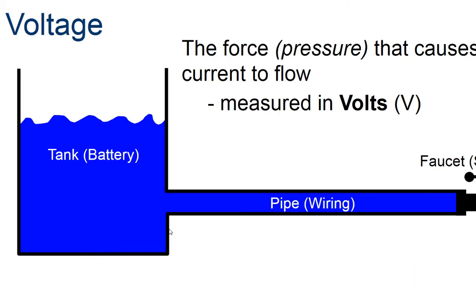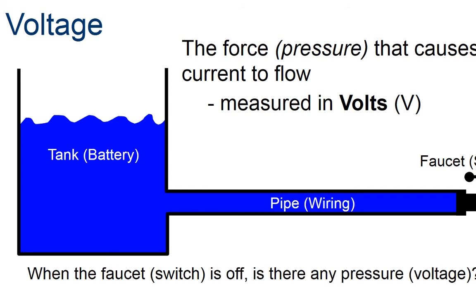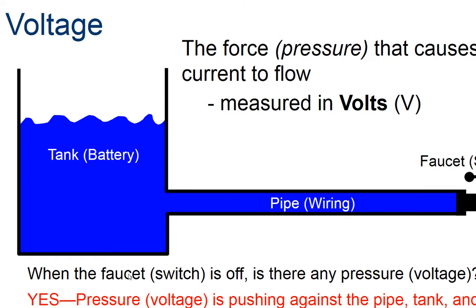Now when we talk about voltage, voltage is basically the amount of pressure. The more water we have piled up in this tank, the more pressure we're going to have. When the faucet is switched off, is there any pressure? There certainly is pressure. So the voltage is there whether the faucet is turned on or not. And when we turn the faucet or our switch on, is there still pressure? Yes, there is.